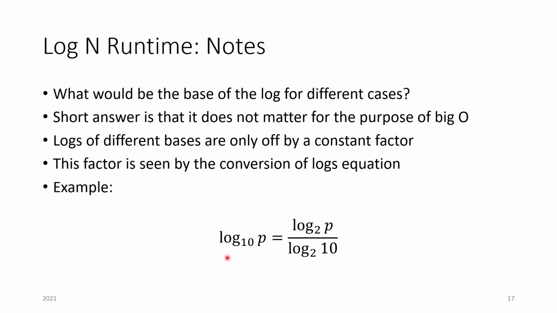So if we had log 10 of p and we want to get into some other base, say base 2, there'll be log 2 of p divided by log 2 of 10. And because of this relationship, because of the change of base equation, it's just going to be off by that constant factor once we actually do the calculation.